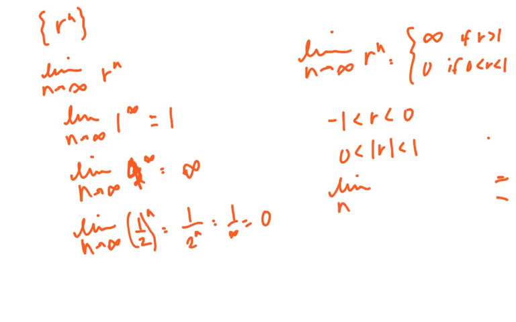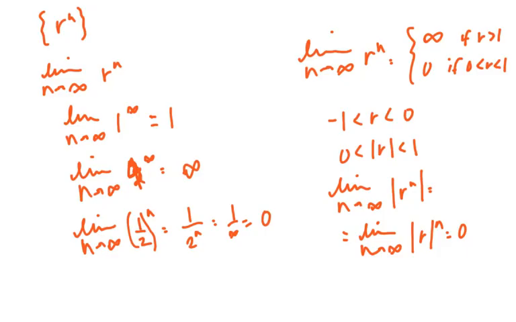So we can say the limit as n approaches infinity of the absolute value of r to the n equals 0.